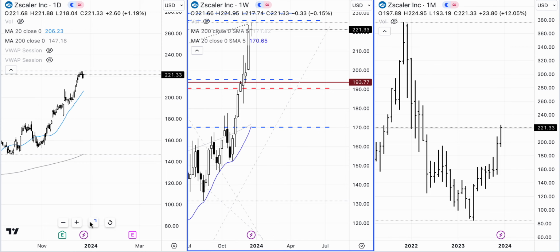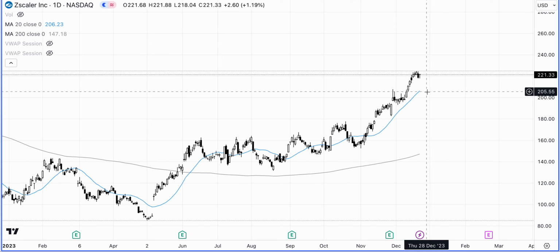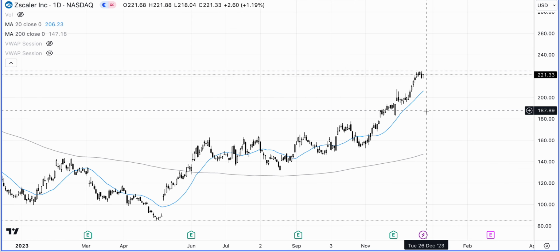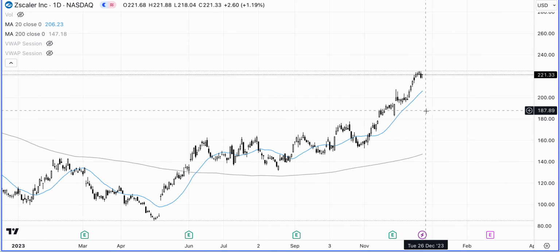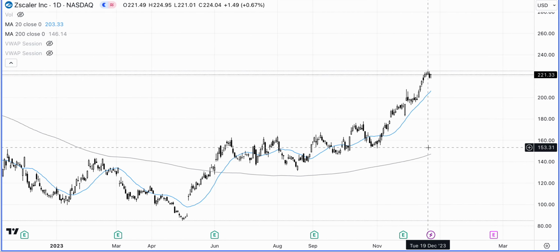Moving to the lower time frame, it might pull back, maybe right into the 200-day moving average, or in that range. We'll have to wait and see, which would be quite good if someone is looking to get into the stock, for example.